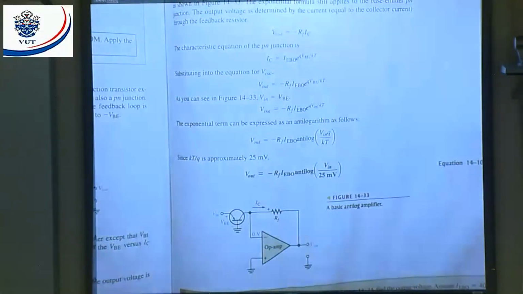Then we can say V out is equal to minus RF IEBO anti-log of V in times Q divided by KT. All right, that KT divided by Q is also approximately 25 millivolts, exactly the same as previously mentioned. Then we can say V out is equal to minus RF IEBO anti-log of V in divided by 25 millivolts.